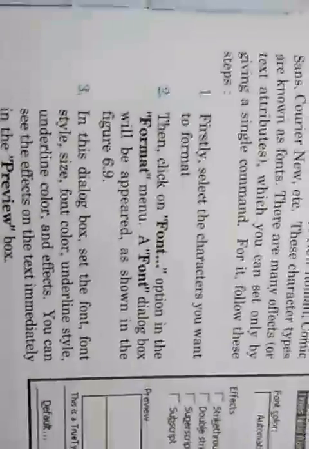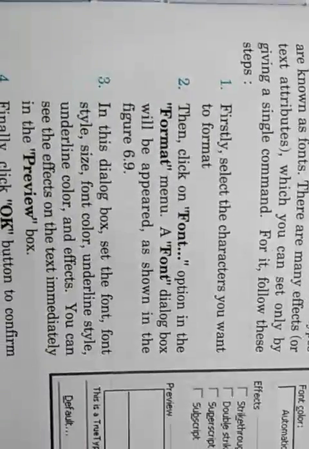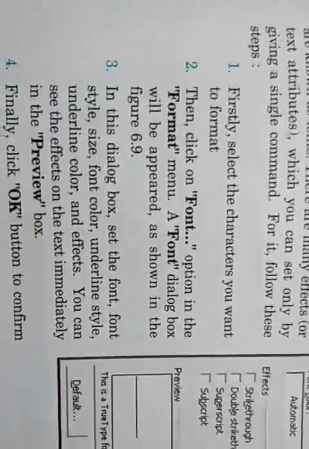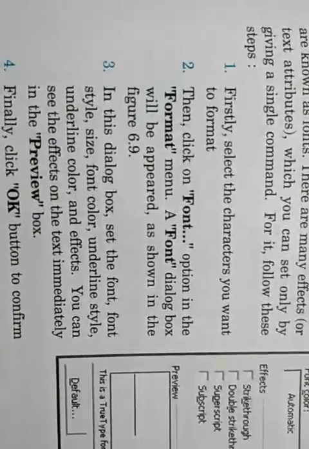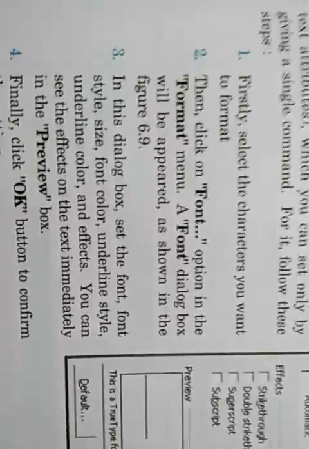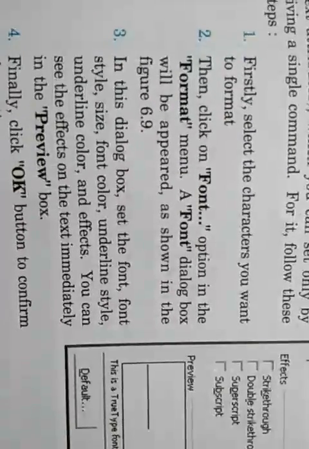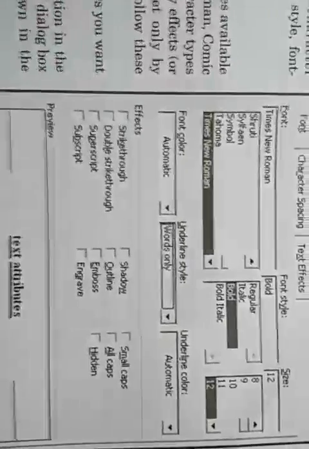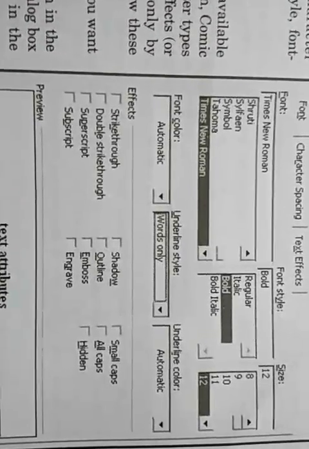First you have to select the text of which you want to change the font style or formatting. Then select the option Font from the Format menu, or press Ctrl plus D from the keyboard. The font dialog box will be displayed on the screen, and select the appropriate options which you want.